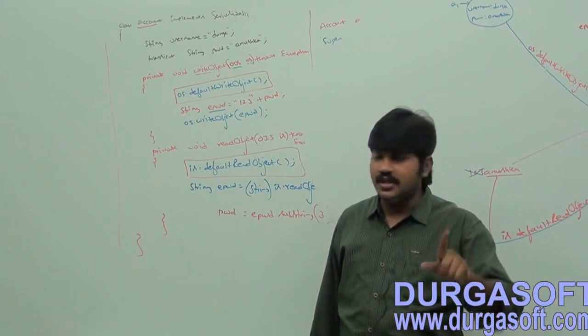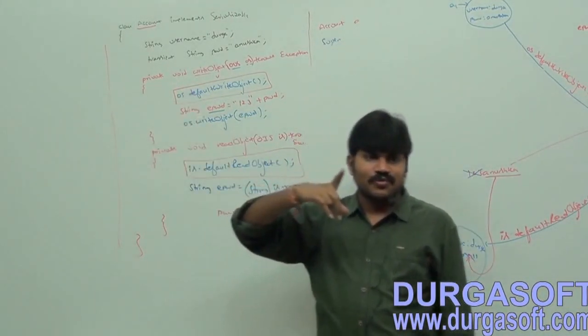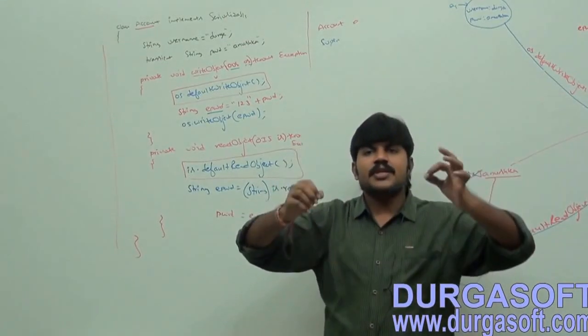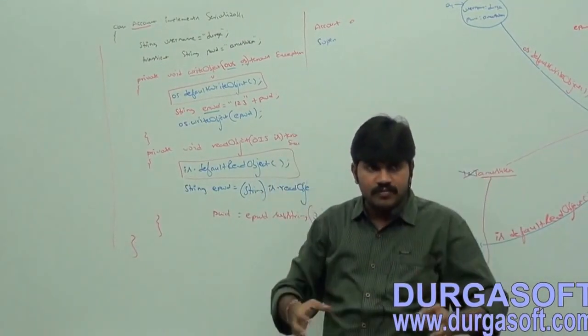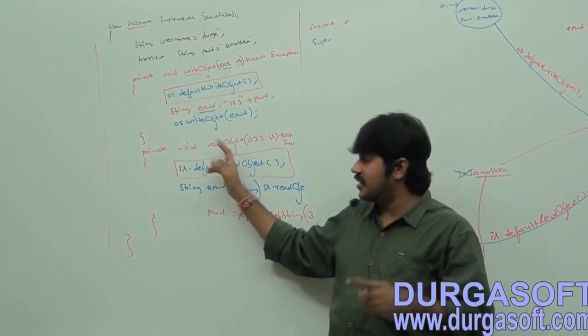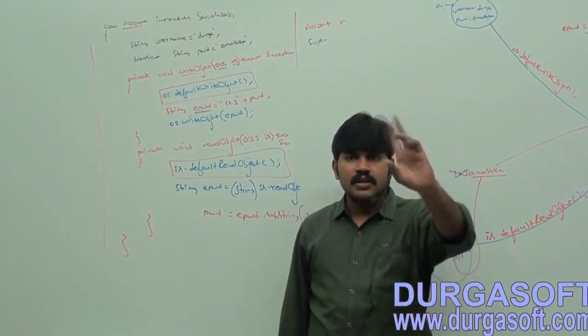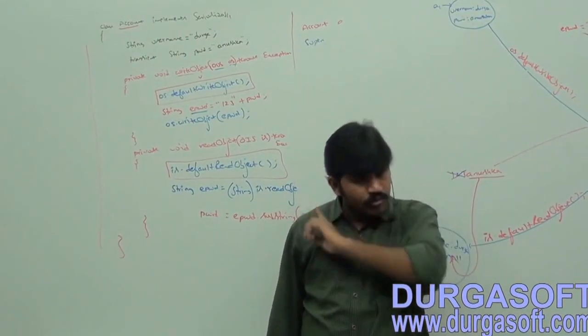Next, by mistake, if you take public or protected instead of private, this program won't work. Remember this: the JVM-understandable form is private void readObject only. If you take public or something instead of private, there is no guarantee this program will work. It won't work, I'm sure.